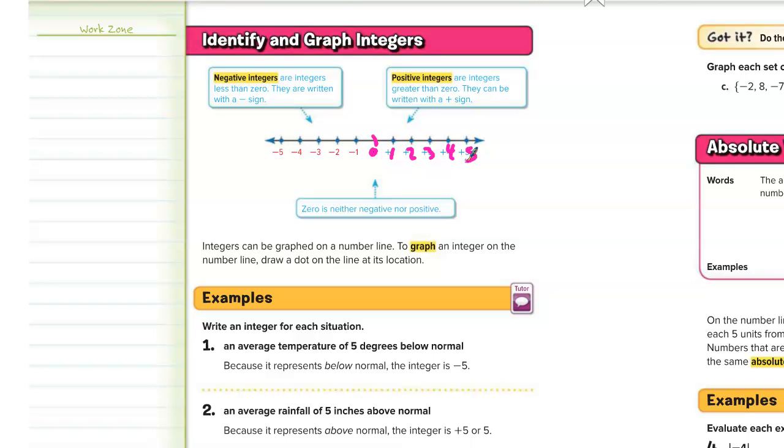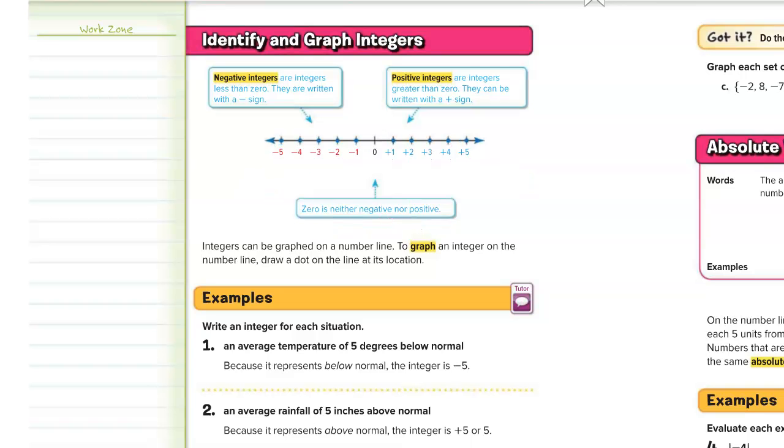But when you graph negatives, -1 is the same distance from 0 as +1. So it would go -1, then -2, -3, -4, -5. Also remember, on a number line, numbers that are furthest to the right are bigger than numbers that are furthest to the left. Therefore, -5 is less than -1. It's kind of the opposite of what you would normally think.